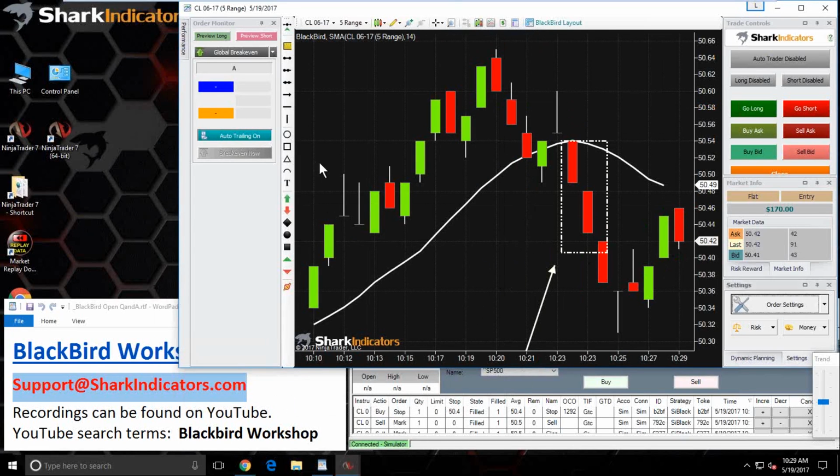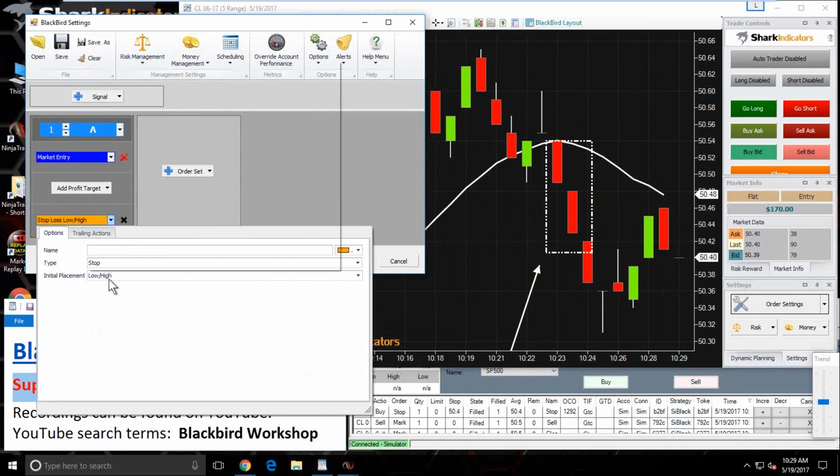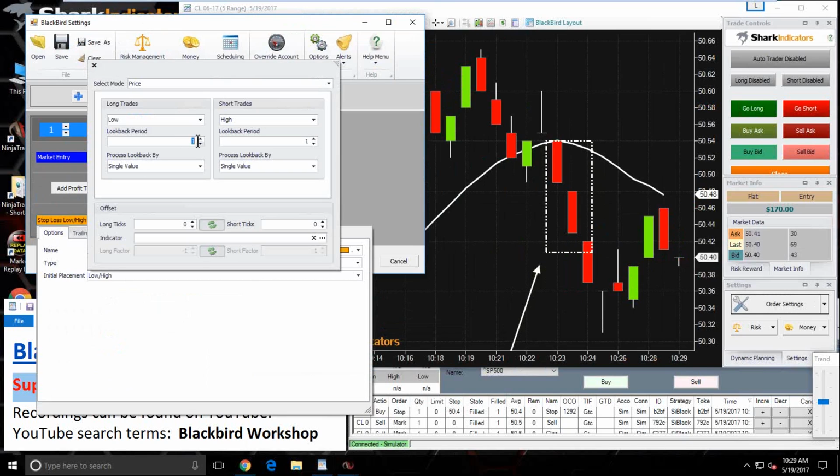So with that being known, we can proceed. A lookback period of 1, single value, means we're going to be looking at this closed red bar, starting with the closed red bar.